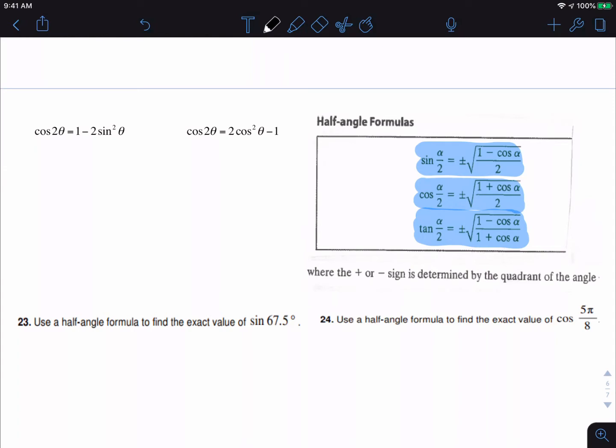Now what I'm going to do here is show you how these came about, at least two of them, and go from there. So if I solve for sine of theta, I'm going to move the 1 over, so I get cosine of 2 theta minus 1 is equal to a negative 2 sine squared theta, right?